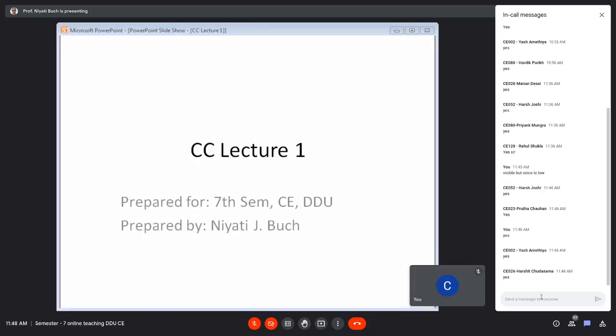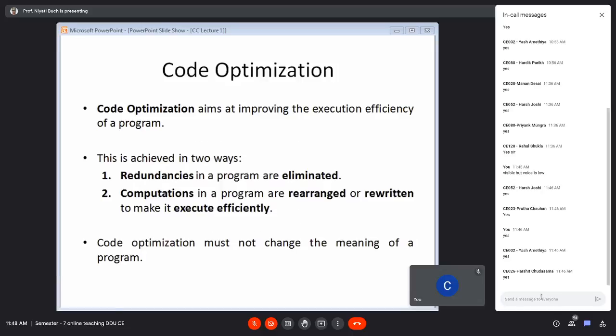And finally, machine dependent code optimization happens. So today we are going to start with code optimization, more specifically machine independent code optimization.